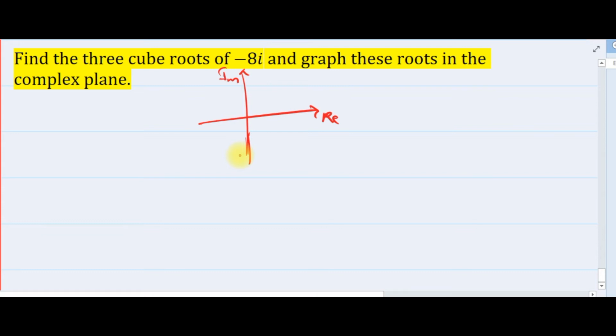So our argument is either this or this, but let's use the negative one. So we have minus pi over 2.